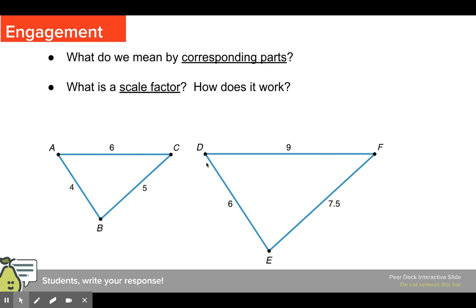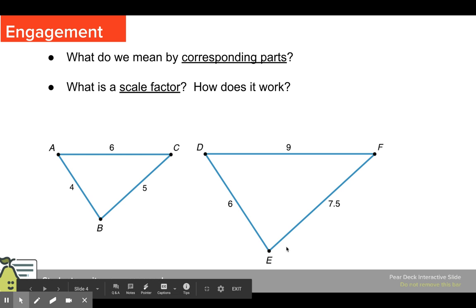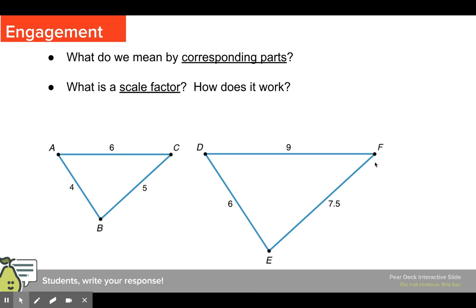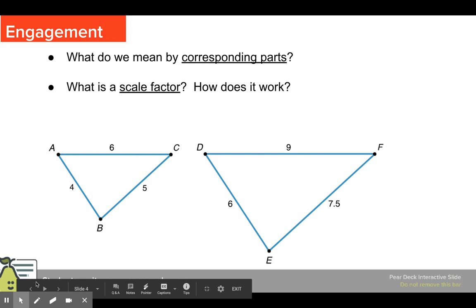The corresponding side would be DF in our second triangle, where there's a length of 9. If I talk about BC, where there's a length of 5 in my original triangle, the corresponding side would be EF, that's labeled 7.5.